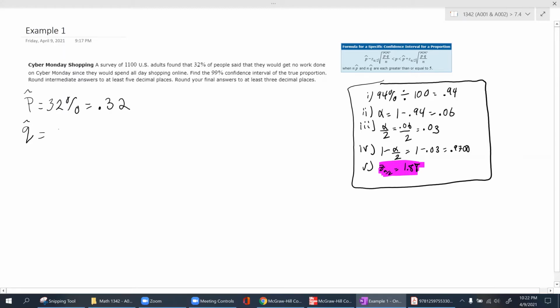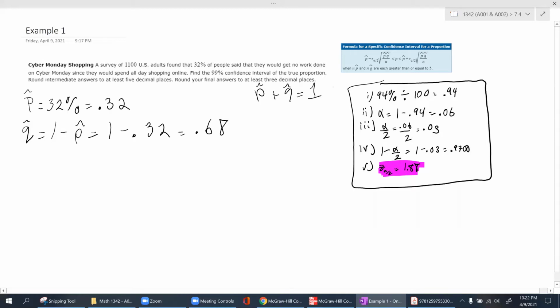That is going to be 1 minus p hat, which is 1 minus 0.32, which gives me 0.68. And as a reminder, adding your p and your q should give you 1.